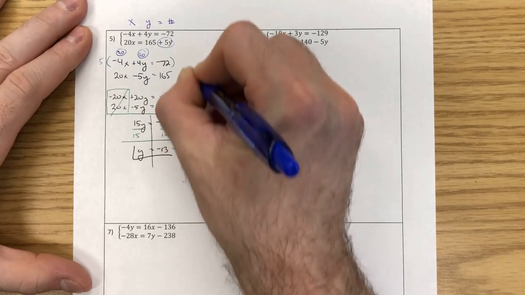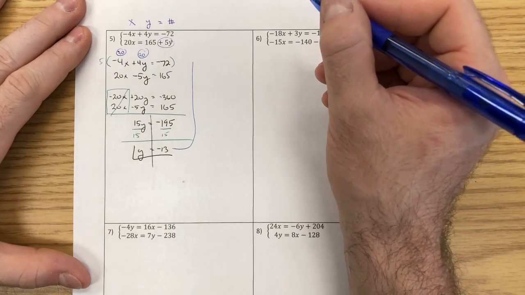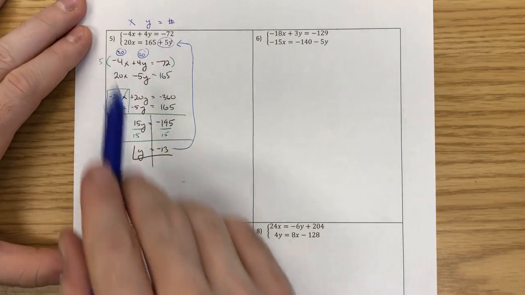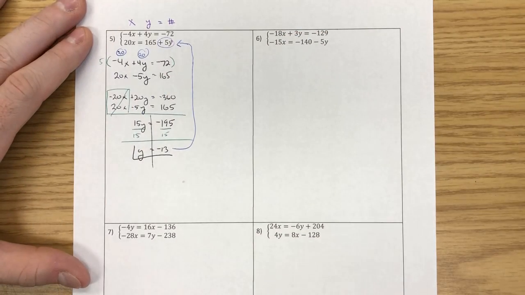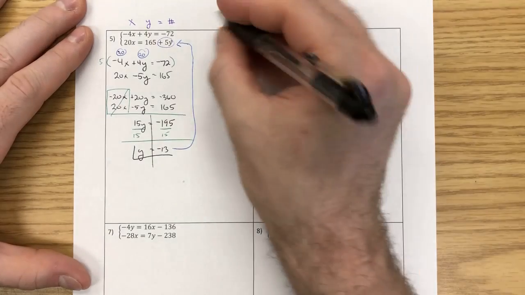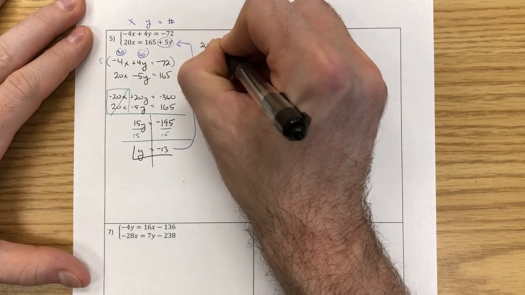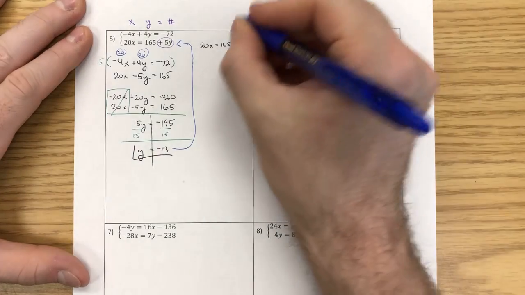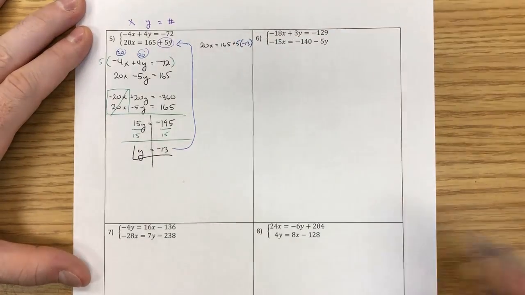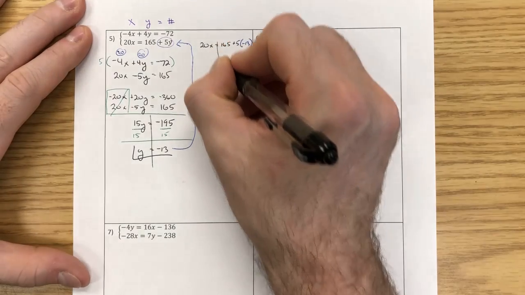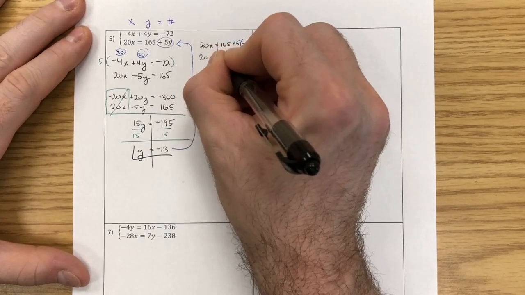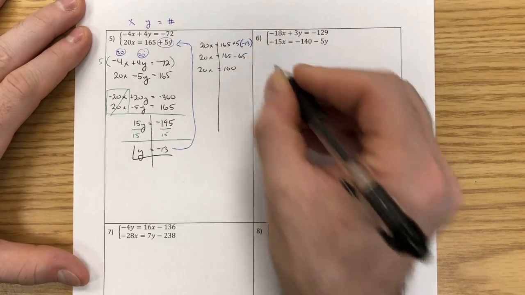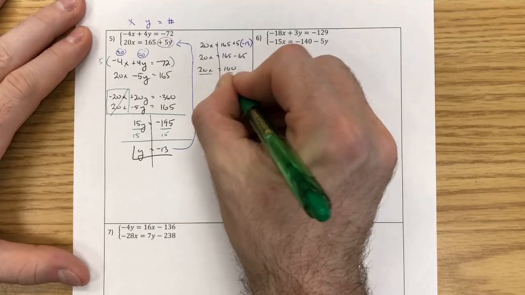And we're just going to take that and plug that into either equation. We're going to plug it into this bottom one, because the x is already partially isolated, which means I might have to do a little less work. 65 plus 5 times negative 13. 20x, and then at this stage we divide by 20.